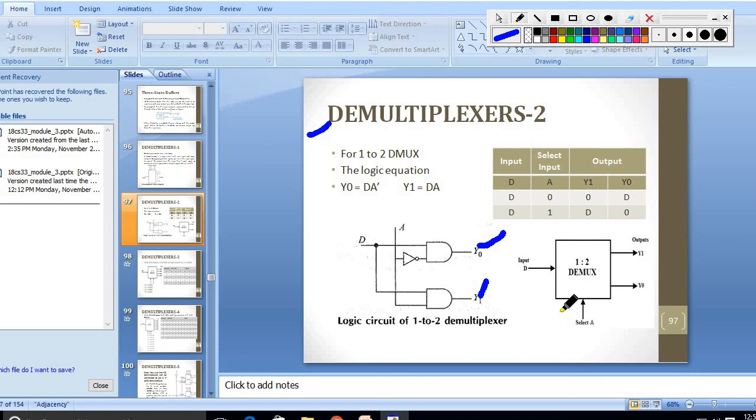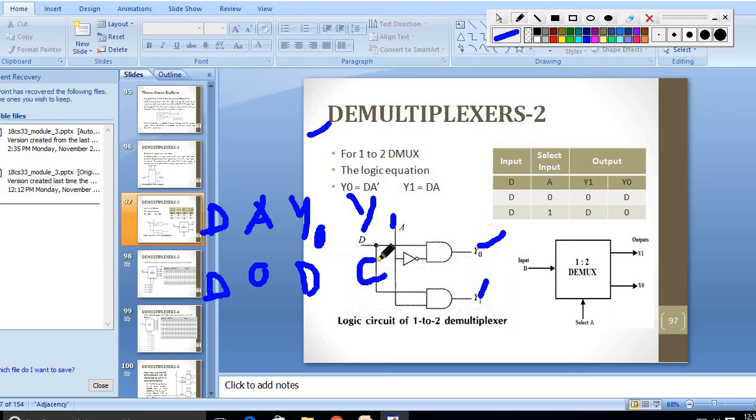Is it clear? So don't confuse with this concept. Your data input is D, right? Select inputs are A, or control inputs. Your outputs are y0 and y1. So the data input is always D. When your control input is 0, y0 will select the data input D. In that case y1 should be 0.